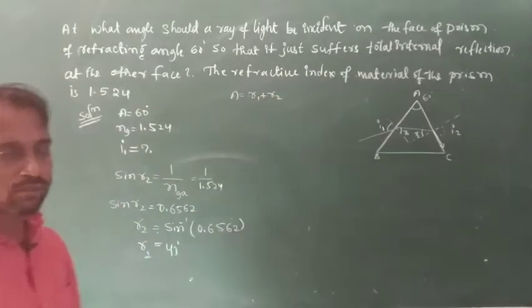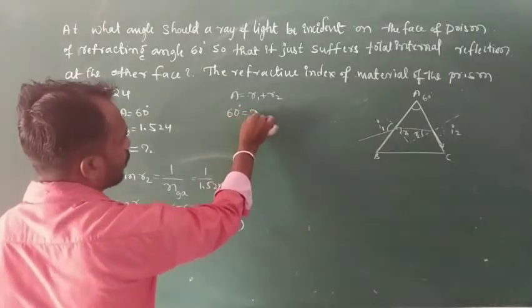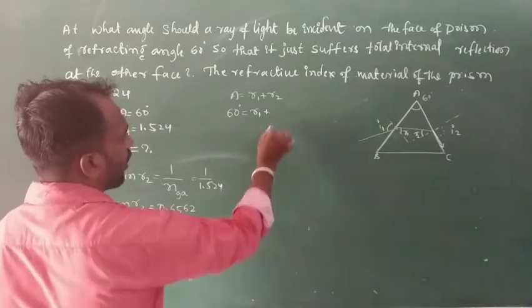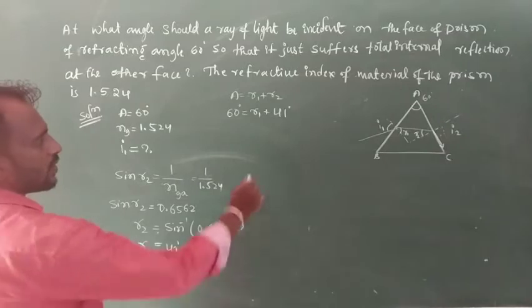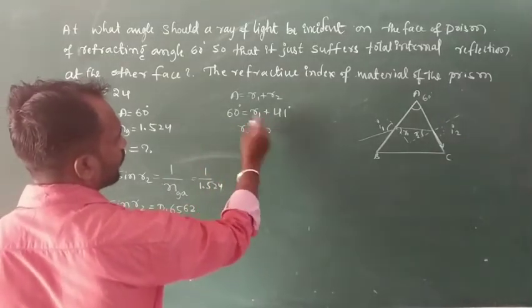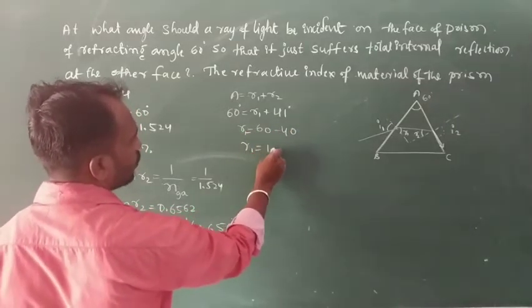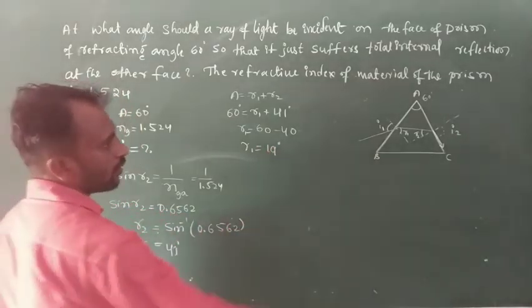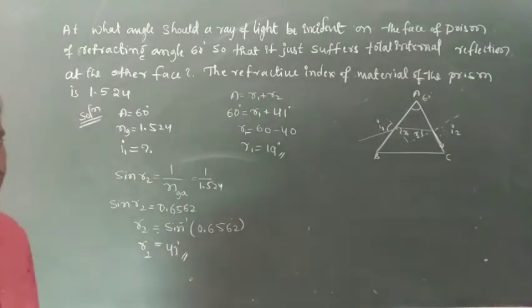So A value, 60 degree, is equal to R1, we don't know the R1 value, plus R2 value 41 degree. So R1 is equal to 60 minus 41, it means R1 is equal to 19 degree. Okay, so R2 is there and R1 is there.